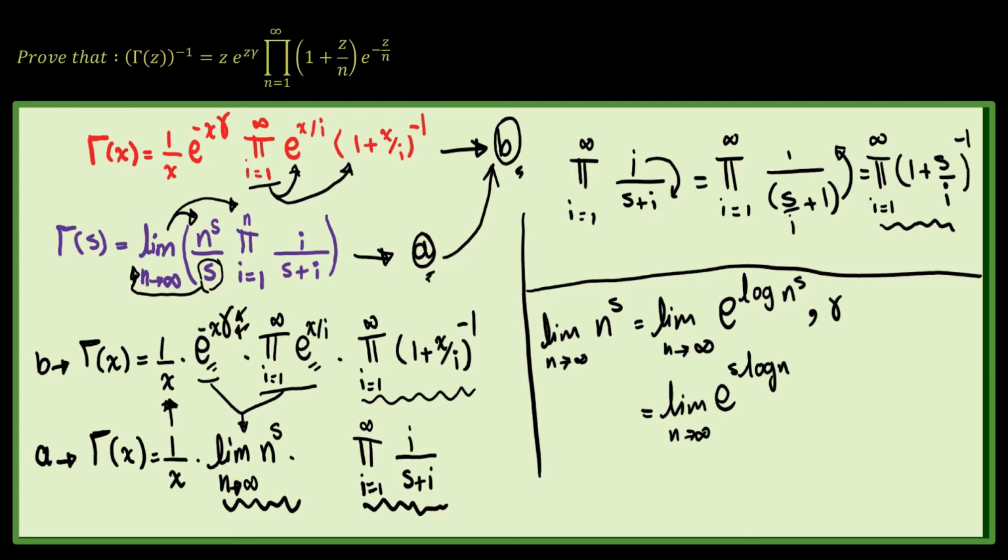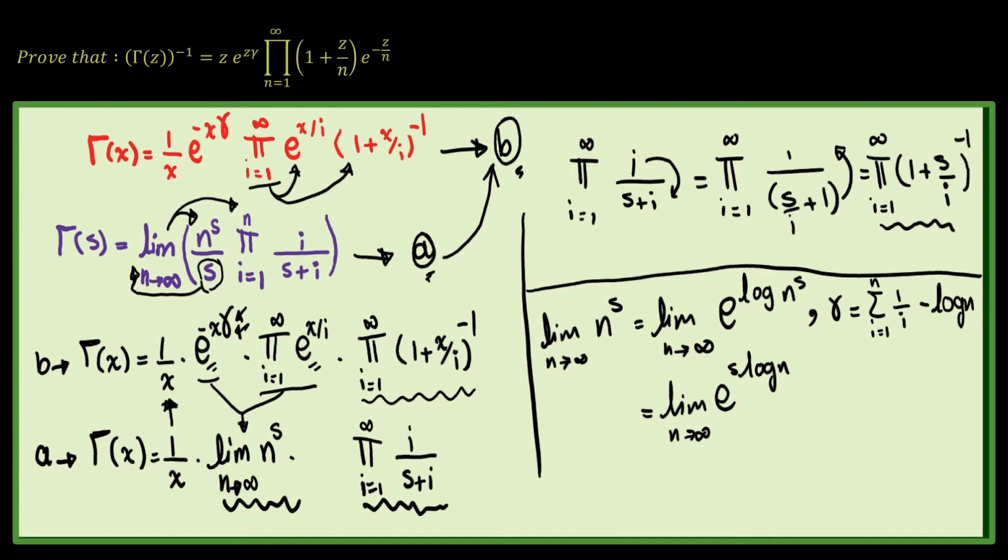The Euler-Mascheroni constant is equal to the summation i from 1 to n of 1 over i, this is the harmonic series, minus log n.